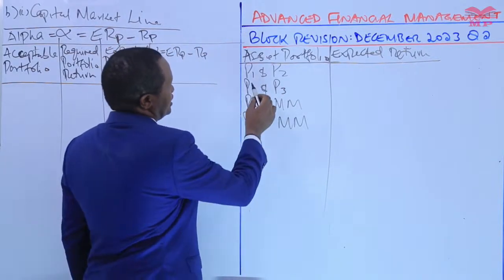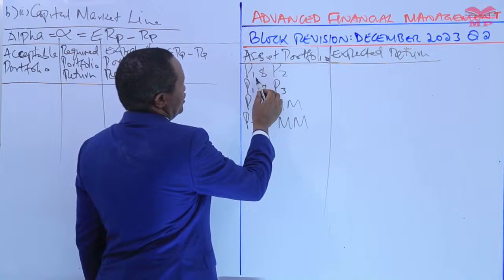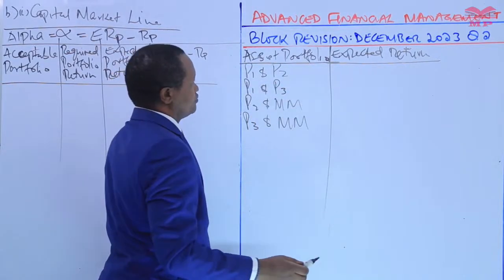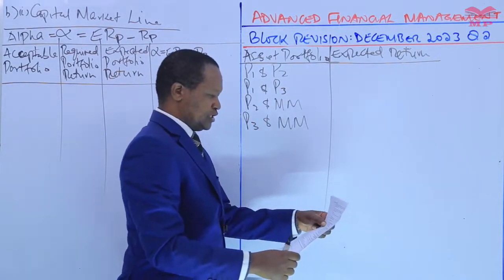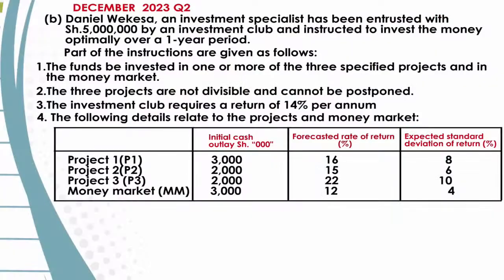So what is the expected return for project 1 and project 2? Project 1 is 3 million. The forecasted rate of return, which we are reading from note number 4, is 16%.